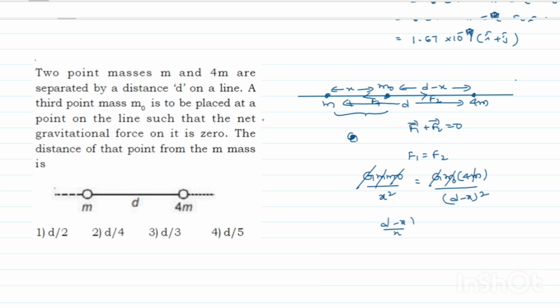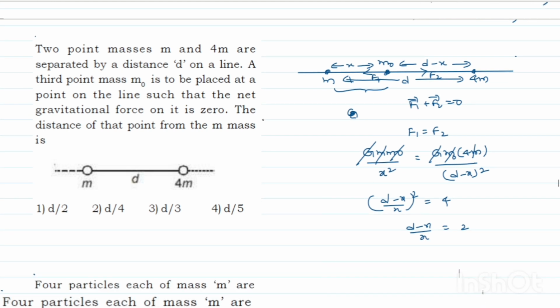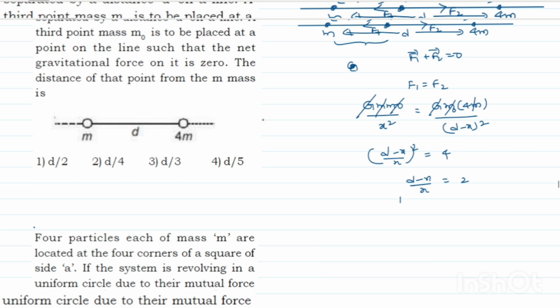Then d minus x by x whole square will be equal to 4, that's nothing but d minus x by x will be equal to 2. So when you are simplifying this, take LCM, d by x minus 1 will be equal to 2, d by x will be equal to 3, then x will be equal to d by 3. So d by 3 is the correct answer.